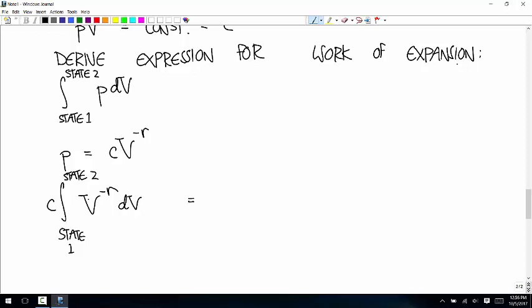And if we're integrating V to the minus n with respect to V, what do you get when you integrate this? That's right. So I'll write this as V to the 1 minus n over 1 minus n.